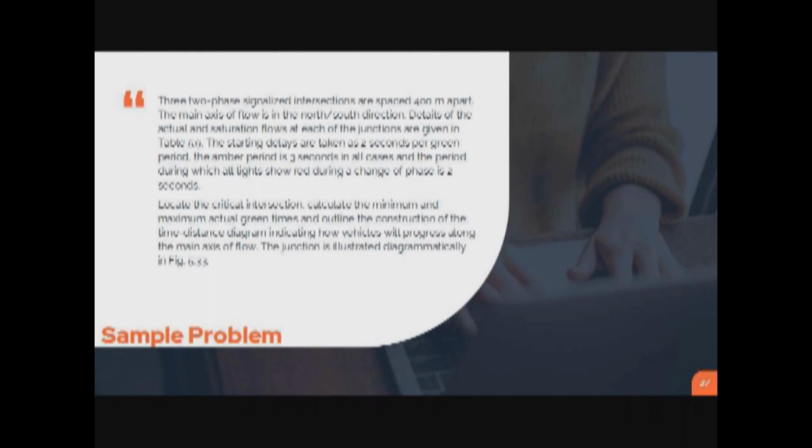So now we have an example for the calculation of a time and distance diagram. Three two-phase signalized intersections are spaced 400 meters apart. The main axis of flow is in the north or south direction. Details of the actual and saturation flows at each of the junctions are given in Table 5.9. The starting delays are taken as 2 seconds per green period.